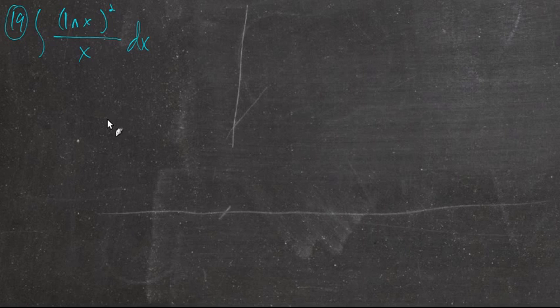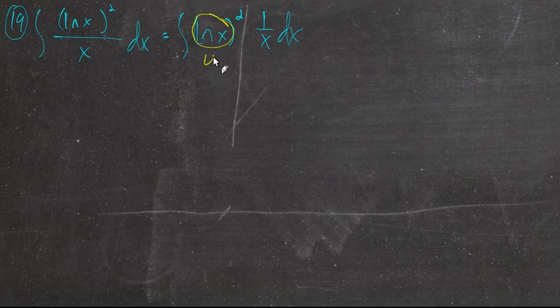So that's kind of upsetting. But it's not too bad, because what we'll notice is this could be written as the natural log of x squared times 1 over x dx. Well, what do we have here? We have a function and its derivative. If we let this be u, just the natural log of x, not natural log of x squared, then this is du.